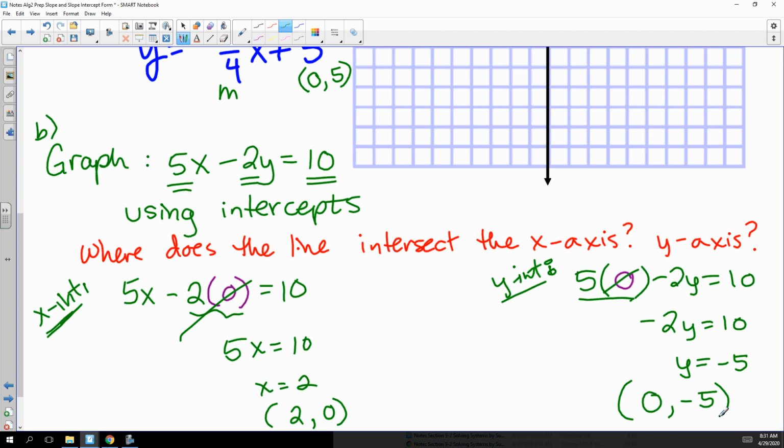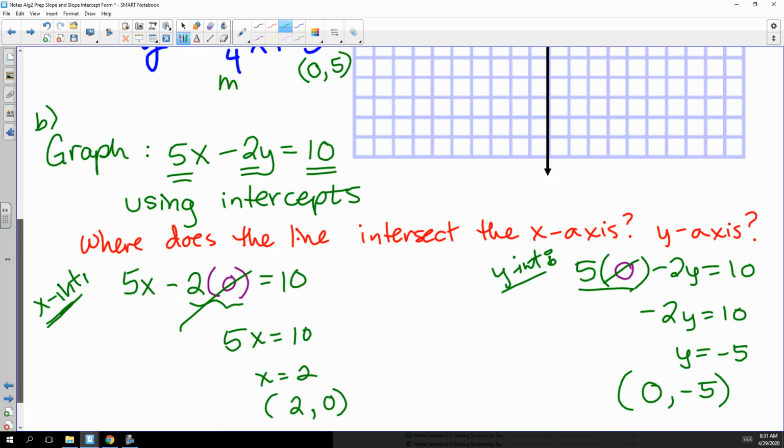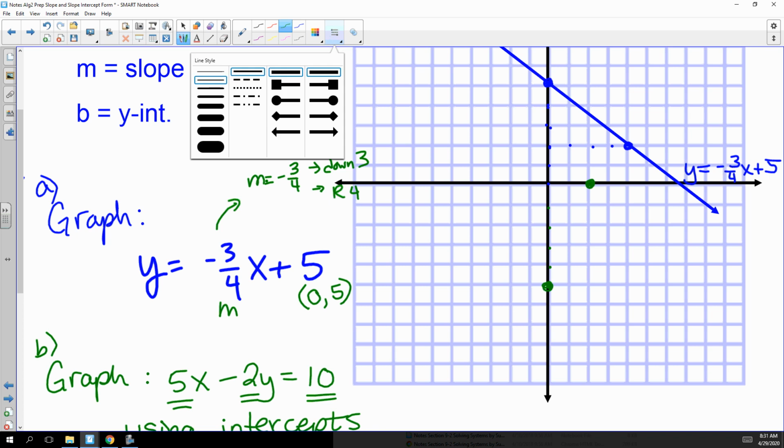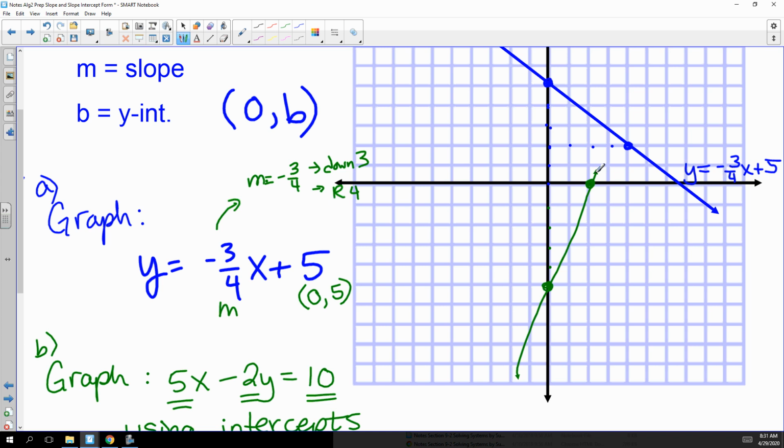So what we're going to do is plot those 2 points and then graph it. So we have (0, -5) and (2, 0). So 0, 1, 2, 3, 4, 5: (0, -5), and (2, 0). Makes it a lot easier to graph that line. And here is the... Oh, I did not get the line tool. Whoops. That's no good, so let's fix that real quick.